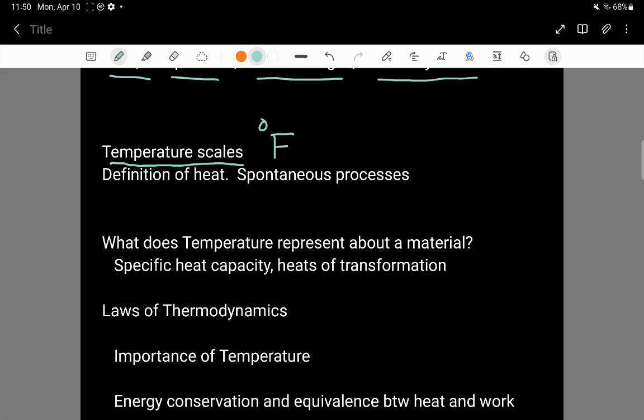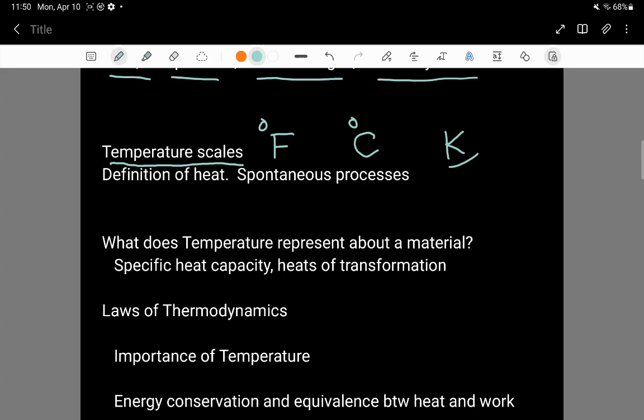But there is a slightly more scientific SI unit of temperature and temperature change called the degrees Celsius. But there is a third temperature scale referred to as the Kelvin scale. And it's important to have some knowledge about the relationship between the three scales.